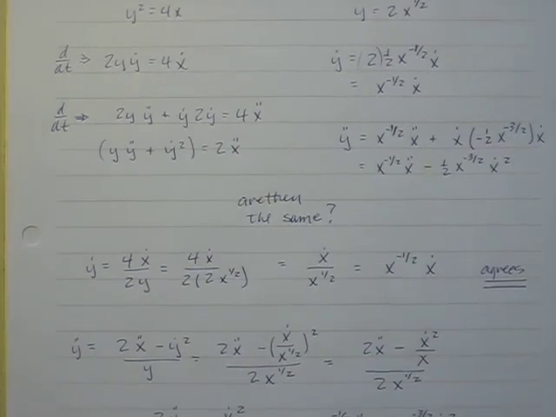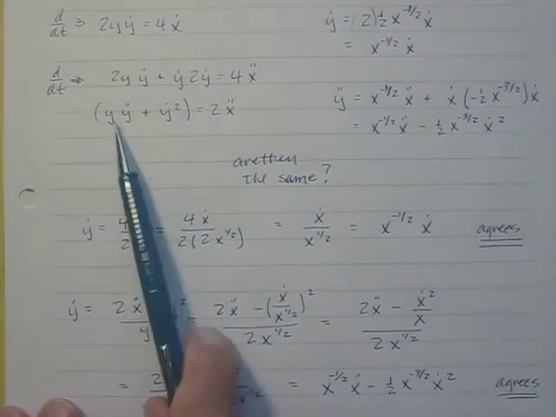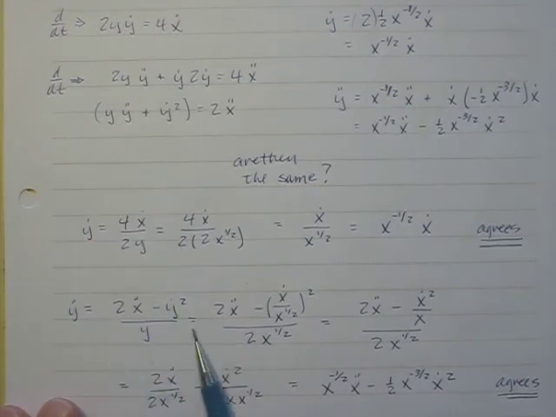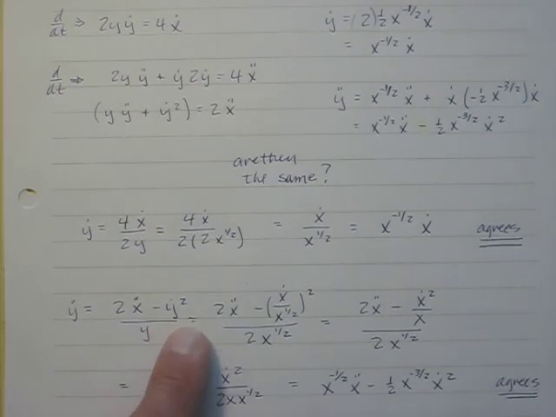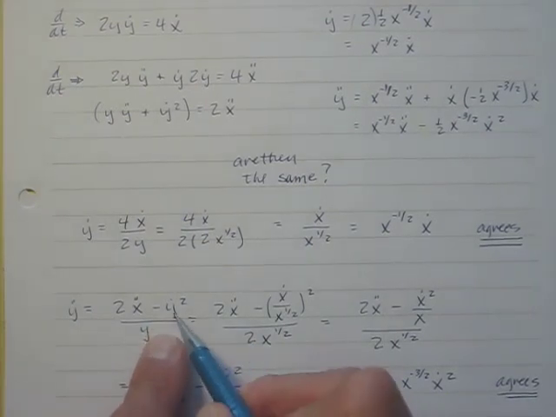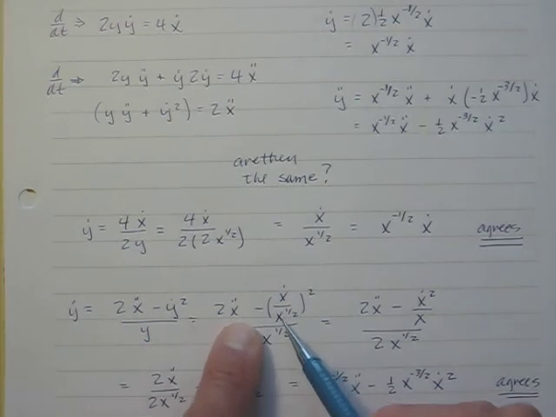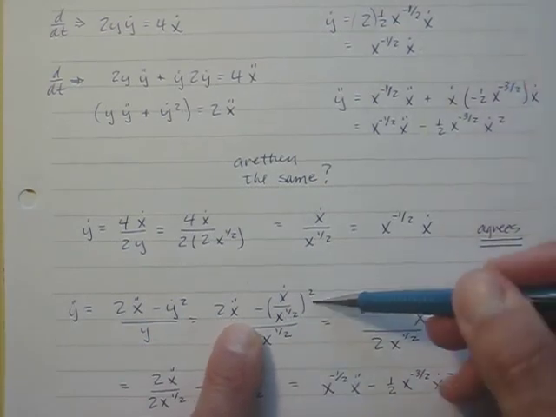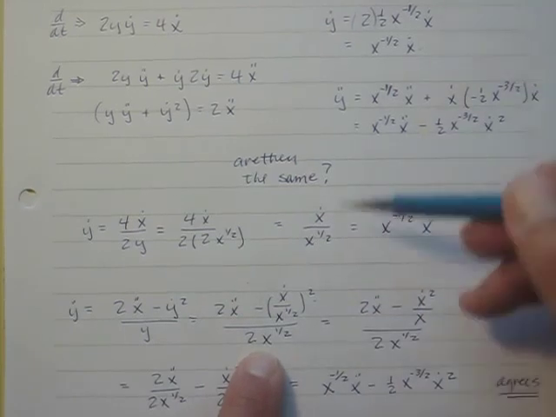How about the second derivative, the y double dot? Here I took this equation, set this equal to y double dot, and that's what I get here. And then I simplified that a little bit, and I put in for y dot, I believe that's my y dot, I put y dot in from this expression, put that here, and then over y I put this expression back in there.